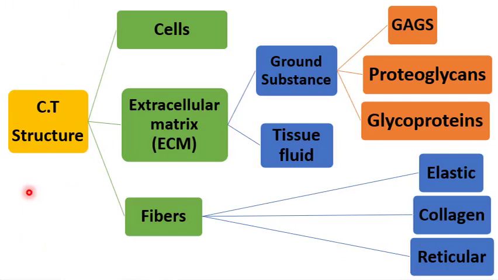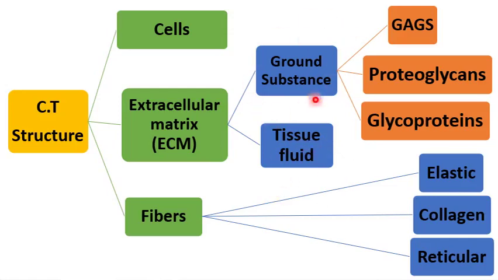What is the structure of connective tissue? Connective tissue structure is formed from three main parts: cells, extracellular matrix, and fibers. Any connective tissue in the body is formed from these three parts: cells, matrix, and fibers. The cells, we will discuss in this lecture. Okay, what about the extracellular matrix? The extracellular matrix may be ground substance or tissue fluid. Tissue fluid is the fluid between the tissues.